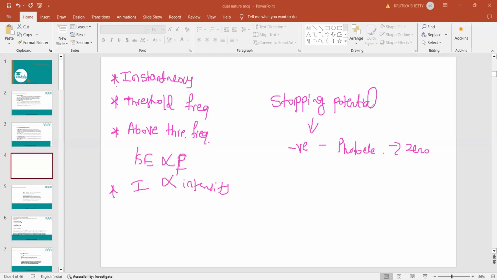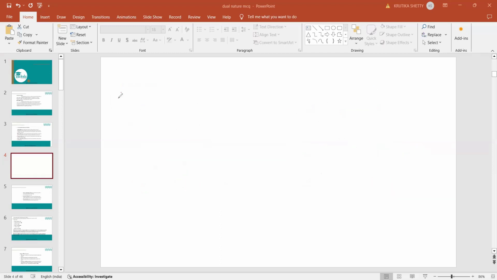In the given circuit, you give a negative voltage, that is, you keep decreasing the voltage. For some negative voltage, the photoelectric current approaches zero. That potential, whose value is negative, is called the stopping potential. Based on this fact, we have seen some graph.